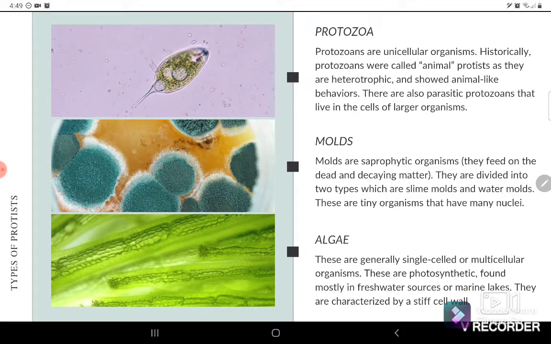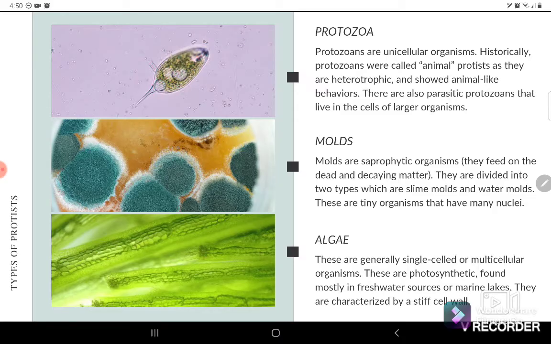Next, we have here the molds. So molds are saprophytic organisms, meaning they feed on the dead and decaying matter. I think we are familiar with molds, like for example, the decaying bread, we can see molds there. These types of microscopic organisms are under Protists.